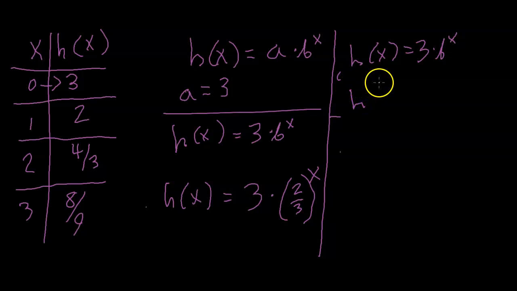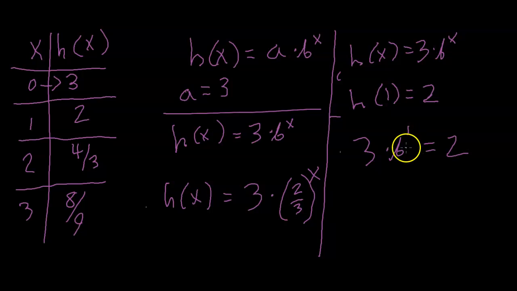Let's say we took h of 1, and that's equal to what? That's equal to 2. h of 1 is equal to 2. Well, we know from our formula, h of 1 is equal to 3 times b to the first power, and we know that's equal to 2.